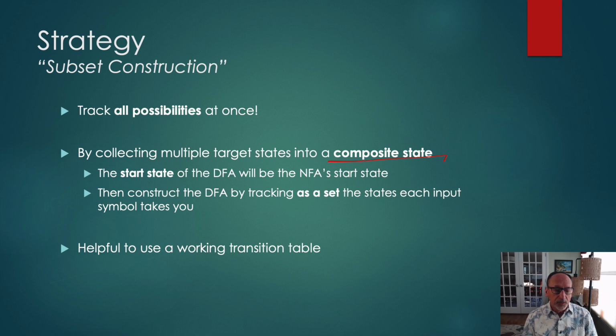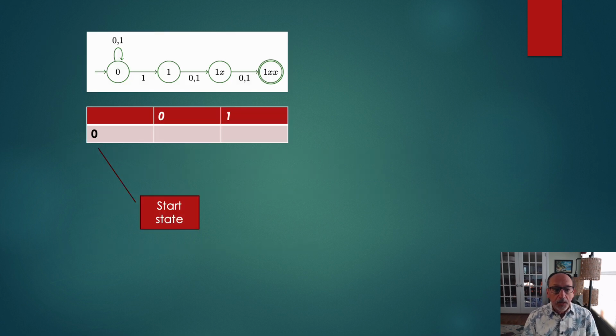Now, in order to construct this DFA, we're going to use a transition table, and we're going to construct it a little bit at a time, starting with the start state of the NFA. Here I have reproduced the drawing, getting rid of the question marks, which I found a little unwieldy, so I used an X instead.